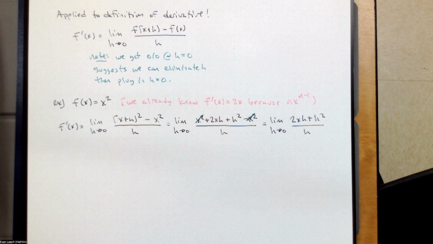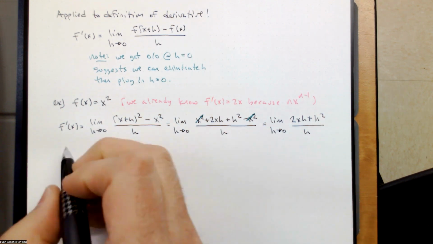We've still got an h in the denominator, but now we can cancel out the h. In the numerator, every term has a factor of h. I don't know what your particular view of simplifying this expression would be, so I'm going to write down all the gory details.